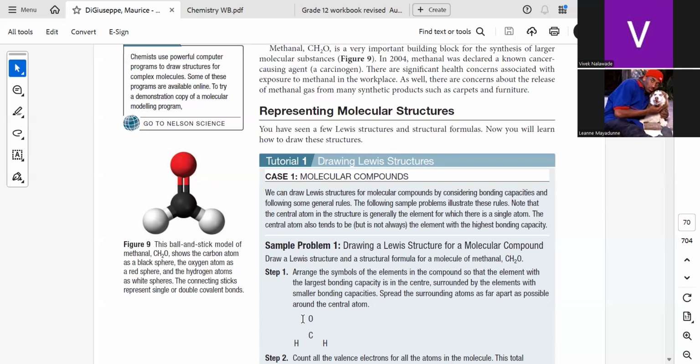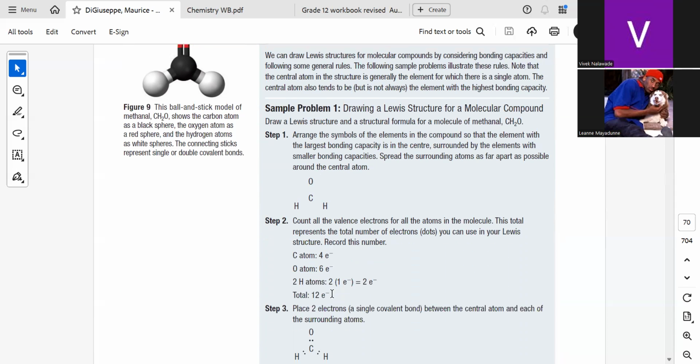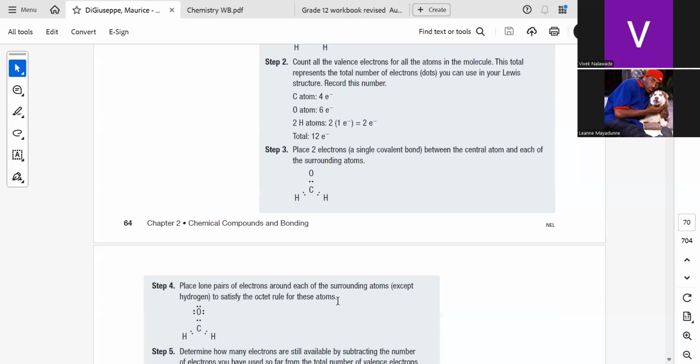So carbon has the largest bonding capacity, right? Spread the surrounding atoms as far apart as possible from the central atom. Count the valence electrons for each. Hydrogen there are two, so we multiply that by two. So the total valence electrons are 12, correct?